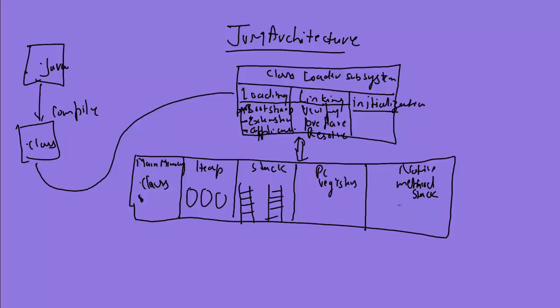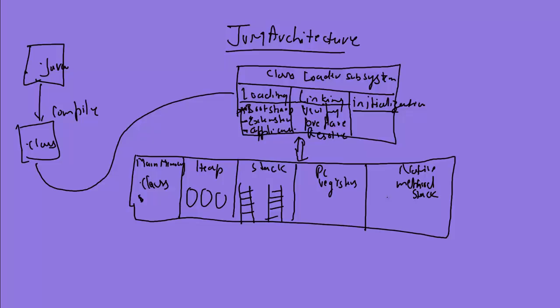PC registers and native method stack is something which is related to the system. I'll be discussing this when we discuss more about other things in J2EE. So for now we can skip off. To give you a hint, the native method stacks were placed because we need some information.